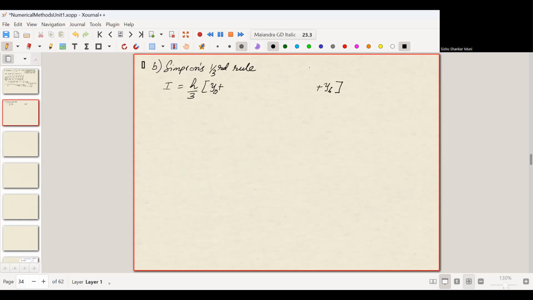Now go back to your Simpson's 1/3 rule formula, which you have written in the previous class. So odds are getting added and multiplied by 4. Is it? Yes. Then 2 times the even ones. You understood?